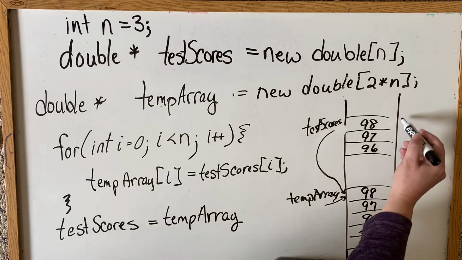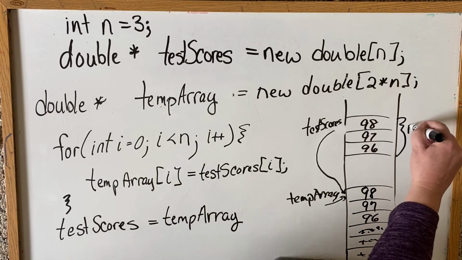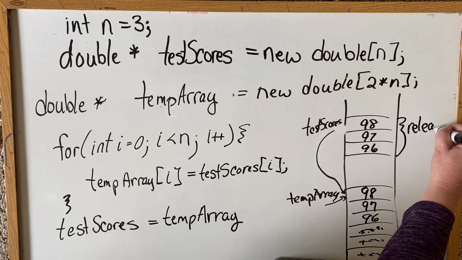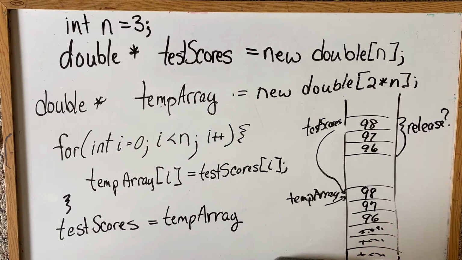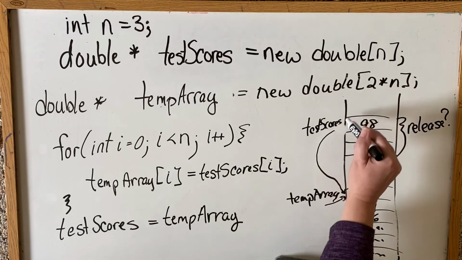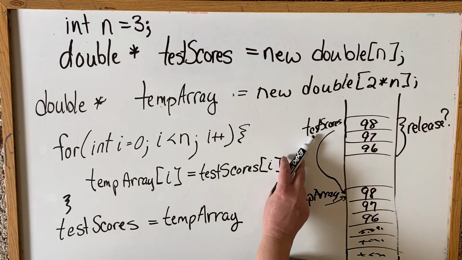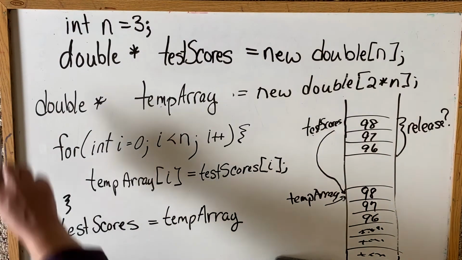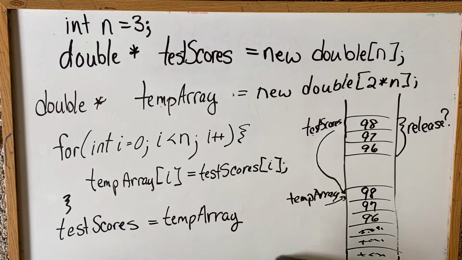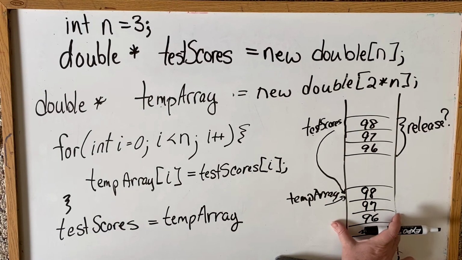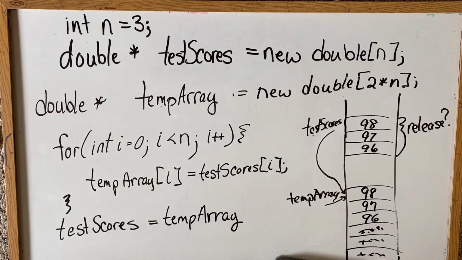And yet remember how we need to release this memory. We haven't released this memory. If we were to double test scores again, if we were to go through this again in a loop, then we would have this whole chunk sitting there left over.